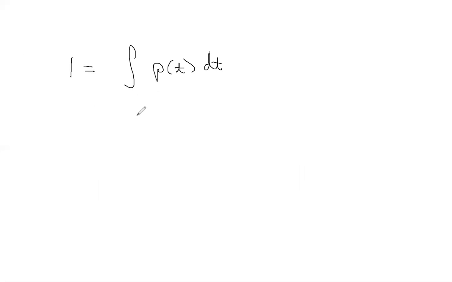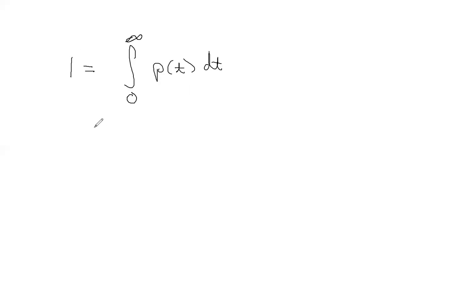Assuming that I have something at the beginning, the decay can only happen in the future, so I'm going to start at 0. And if I wait forever and a day, go all the way to time equals infinity, there's a 100% probability that it will eventually decay. That means the integral should be 1.